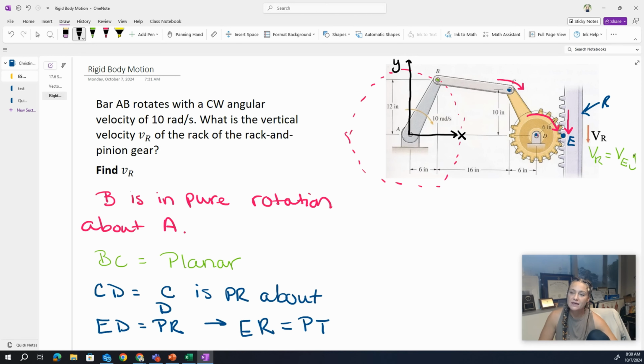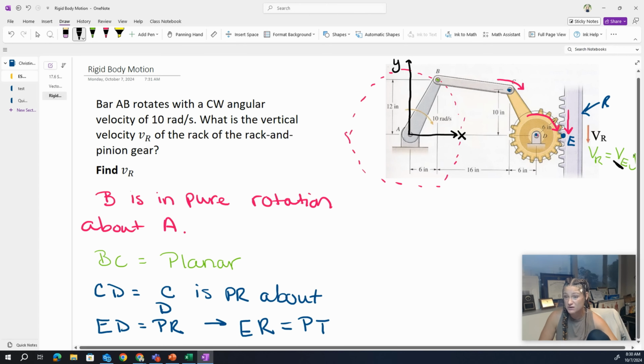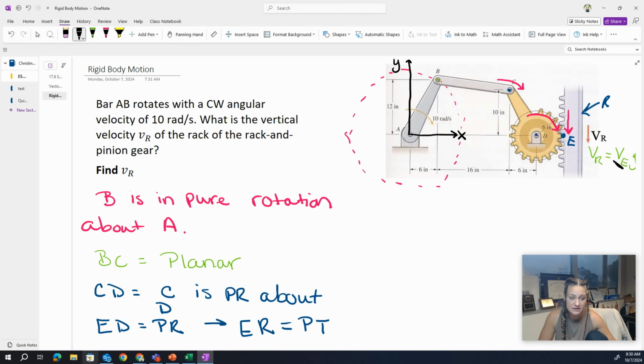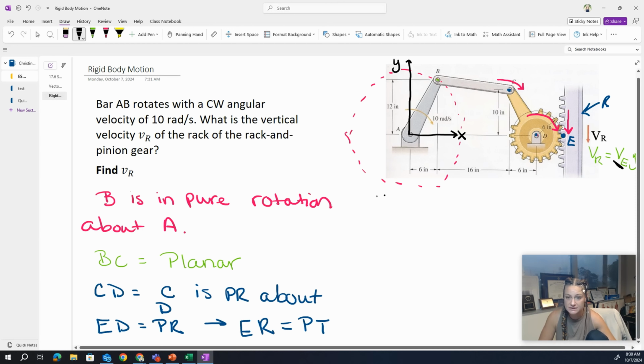Well, if this equals that, I need to find that. What does that equal? Well, E is in pure rotation to D, I said. So I can say that VE is equal to the pure rotation of D. So this would be omega D cross, and now I'm looking for the velocity of E. The velocity of E would be tangent to the curve and perpendicular to its position vector.